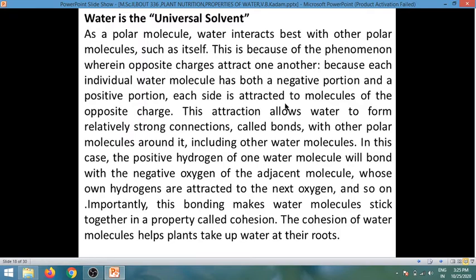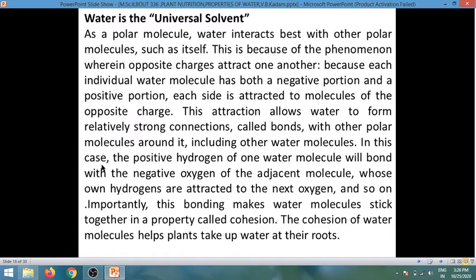Each side is attracted to molecules of the opposite charge. This attraction allows water to form relatively strong connections called bonds with other polar molecules around it, including other water molecules.